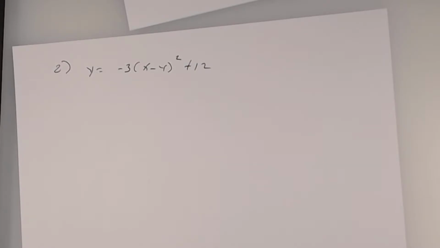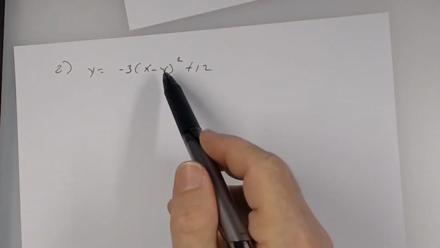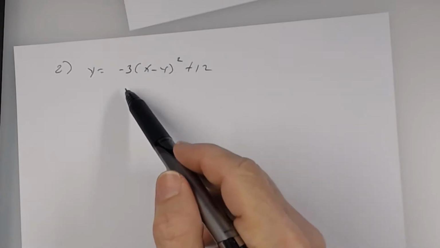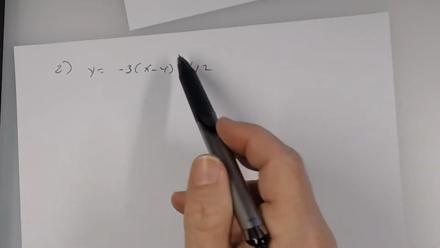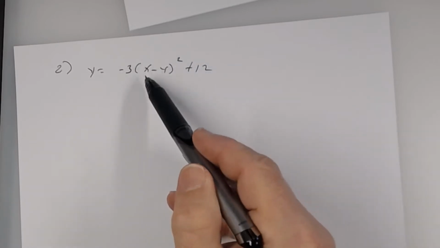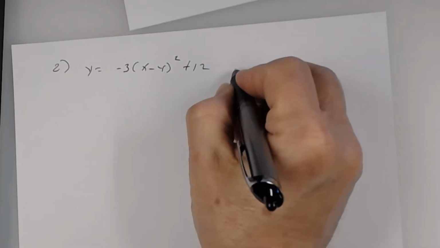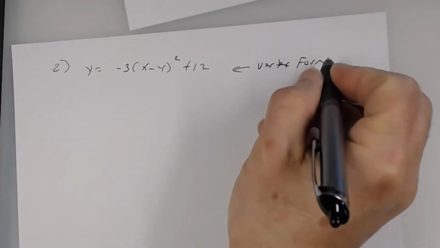Okay. Is this a quadratic function? Yes, because if you were to multiply this out, you would get -3x squared, right? That's what you would get. What form is it in, though? Vertex form. So this is vertex form.